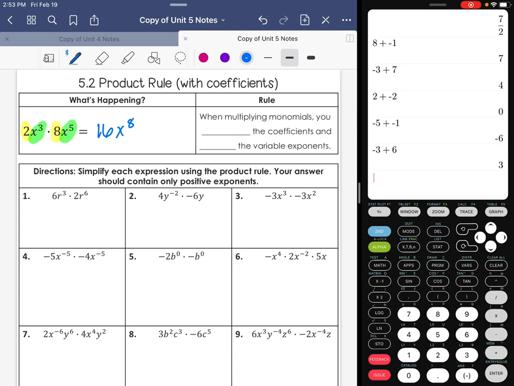So you do the coefficients first, then you look at the base with the exponent. So the rule for that, when multiplying monomials, you do multiply the coefficients, but you add the variable exponents. So make sure that you keep those straight in your mind.